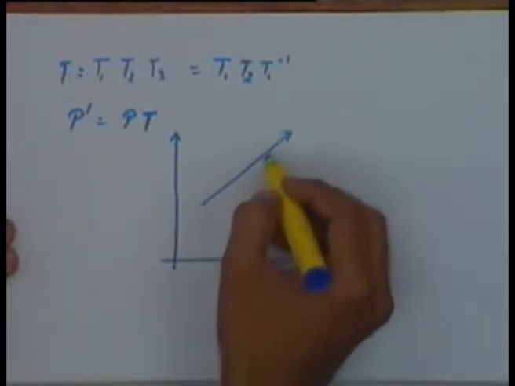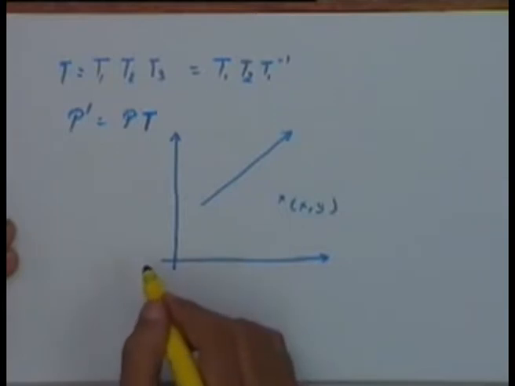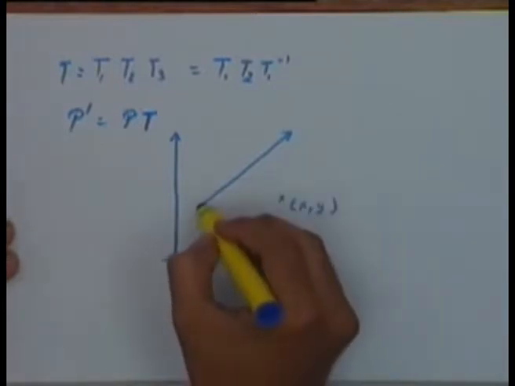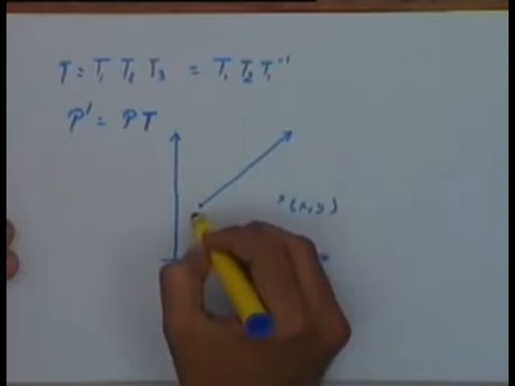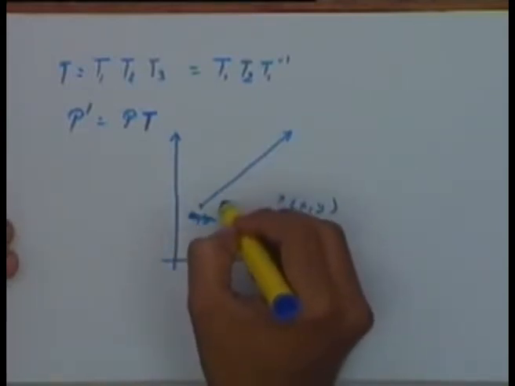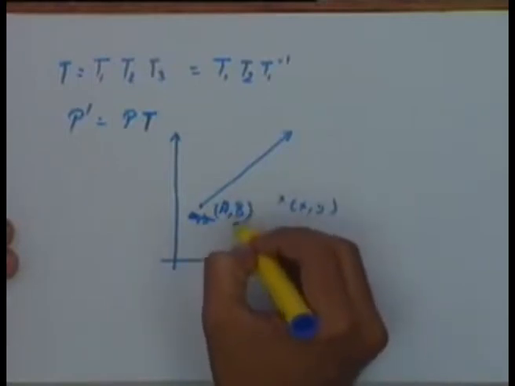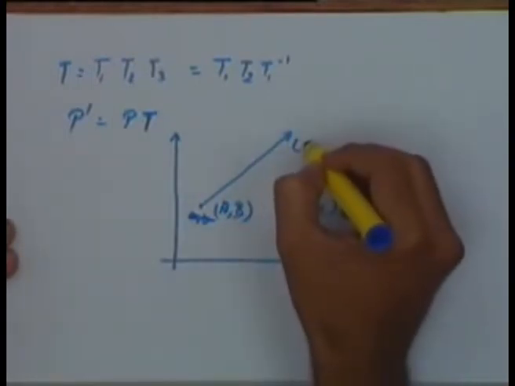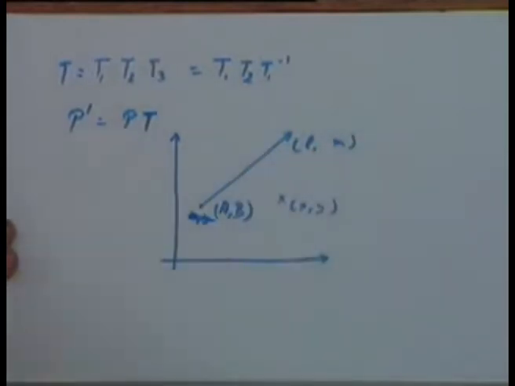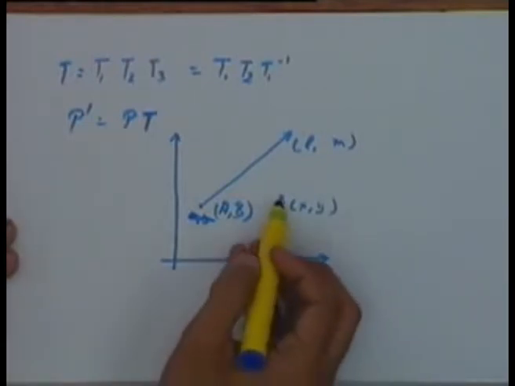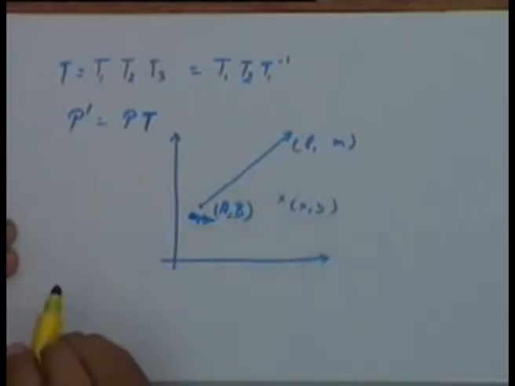Now if we want to reflect it about any arbitrary axis, let's say the axis is passing through the point AB and has got direction cosines of LM, how do we reflect the point xy about this axis? Anyone?